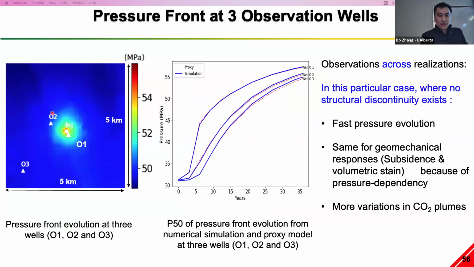And we could see that in this particular case, when there is no structural continuity in the simulator, we can see very fast pressure evolution, as it shows here for different cases. And that is the same for the geomechanical responses, both the subsidence and volumetric strain, because of the pressure dependency.